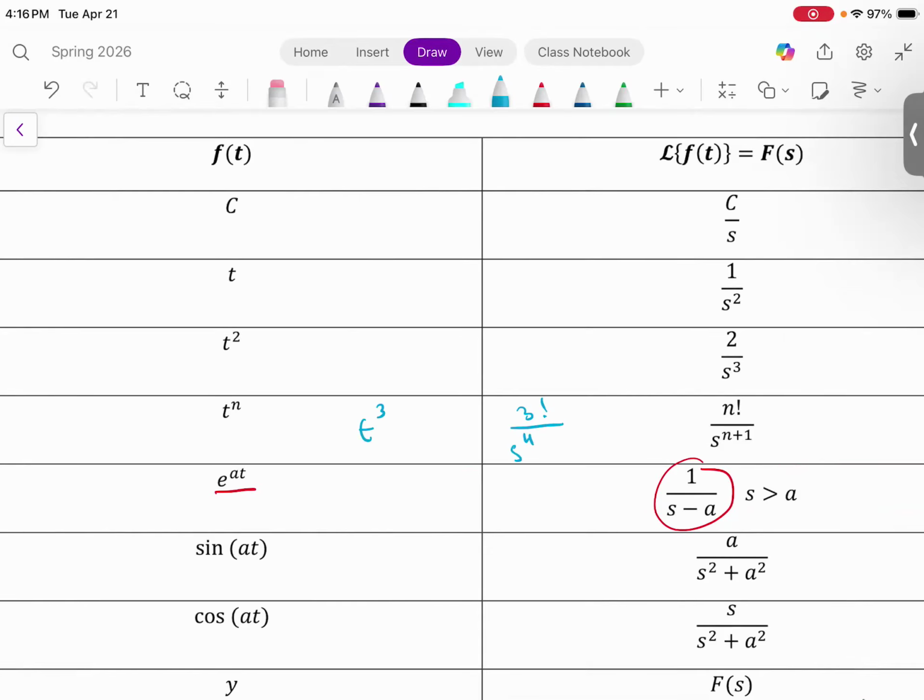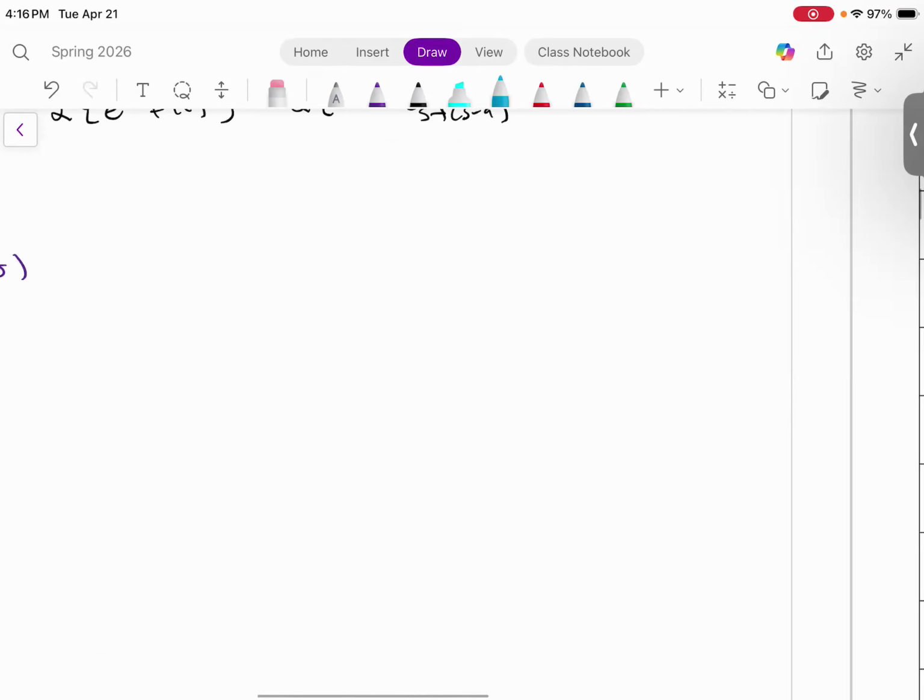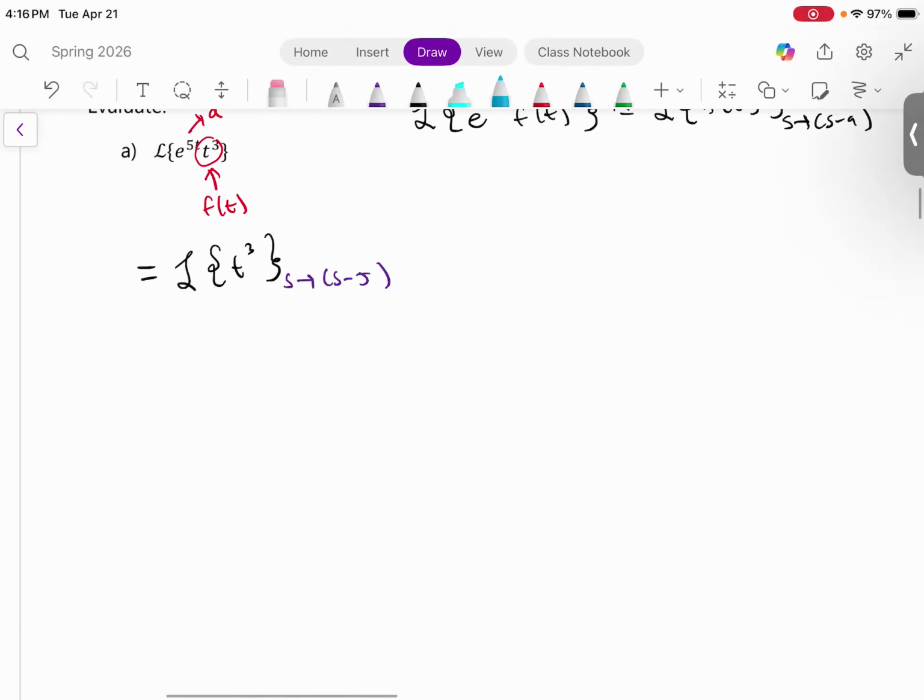Maybe you knew that off the top of your head already, maybe you didn't, but it's good to have a table by you. So let's go ahead and write that down. So this equals 3 factorial over s to the 4th, and you still want to keep your translation. So s is shifting 5 units to the right.